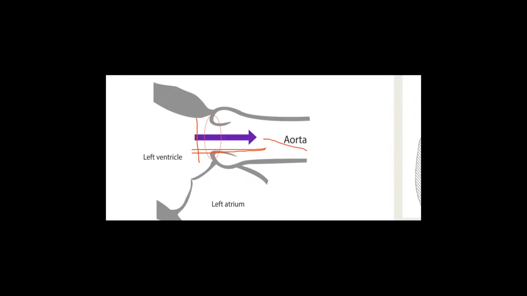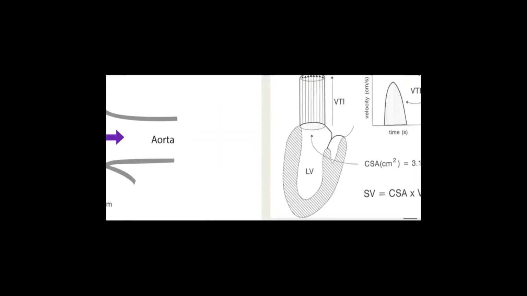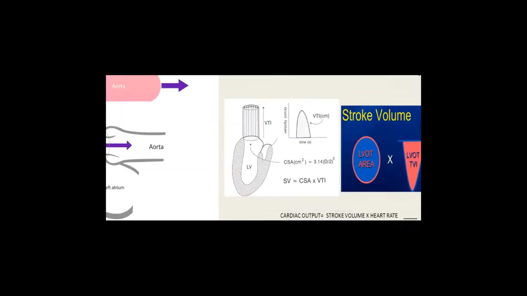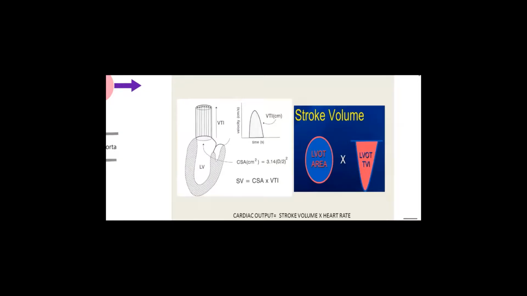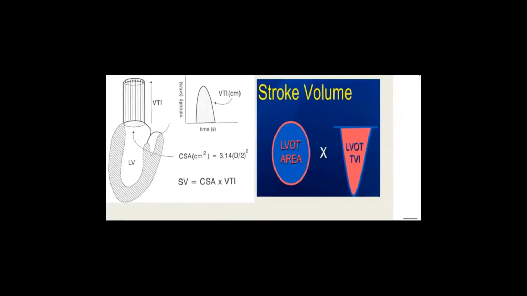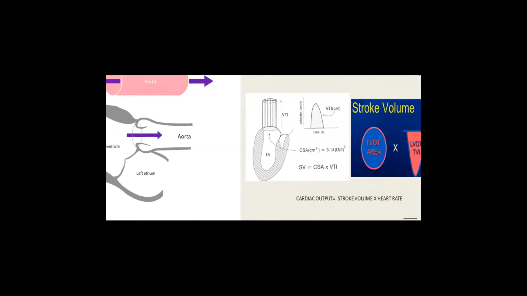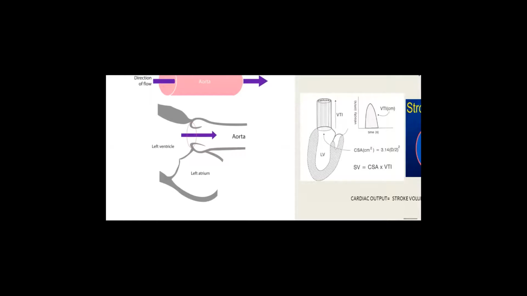How do you get the TVI? Pulse wave. With pulse wave in the LVOT. Yes, exactly. And here you get the stroke volume at the LVOT. So how many measurements do you need for stroke volume calculation at any point?